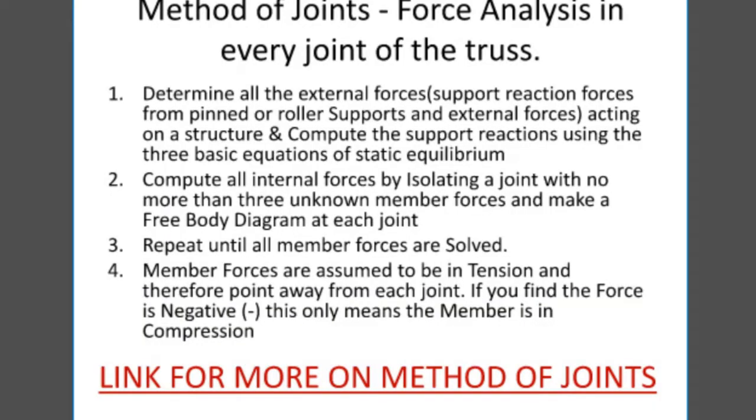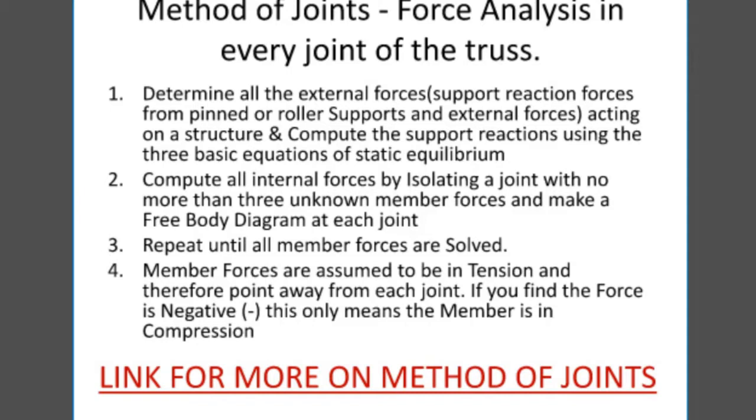Moving on, let's look at the method of joints. This here is a force analysis in every joint of the truss. With the method of joints, we will determine all the external forces, support reactions, forces from pinned or roller supports, and external forces acting on a structure, and compute the support reactions using the three basic equations of static equilibrium.